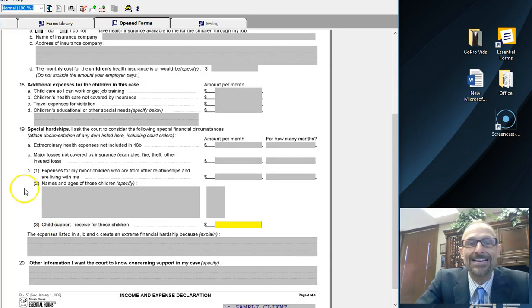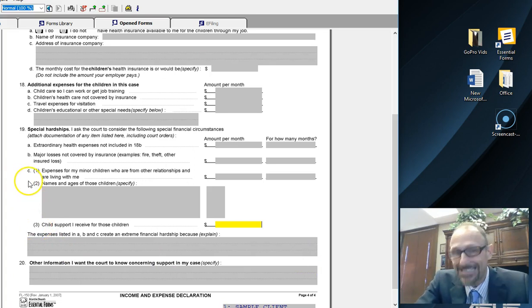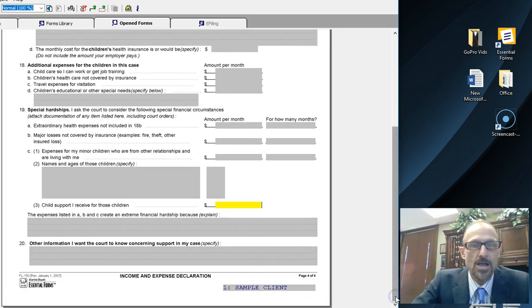Okay, and then 19C3, child support you receive for those children. So if the other parent of those children from another relationship is paying you $500 a month for child support, you put that in this box. All right.